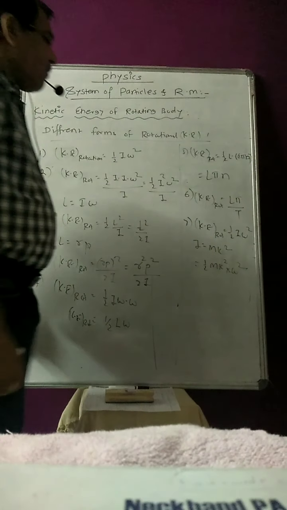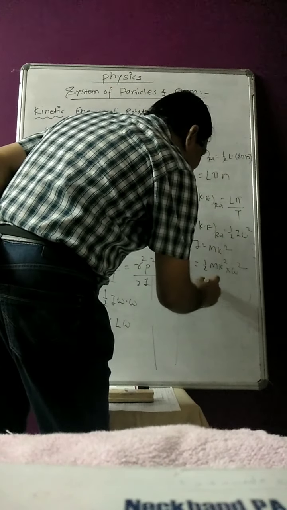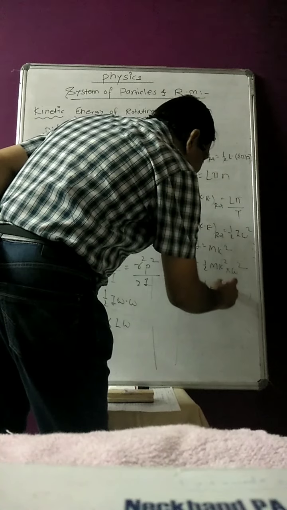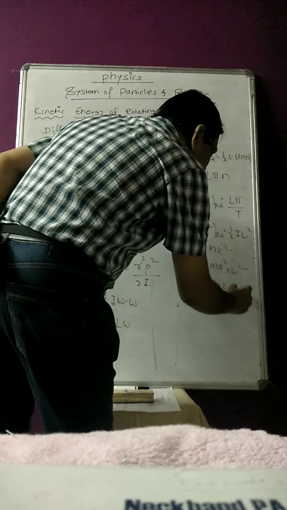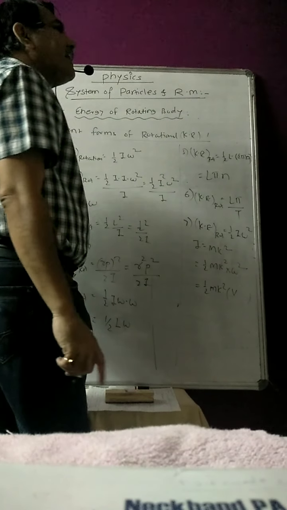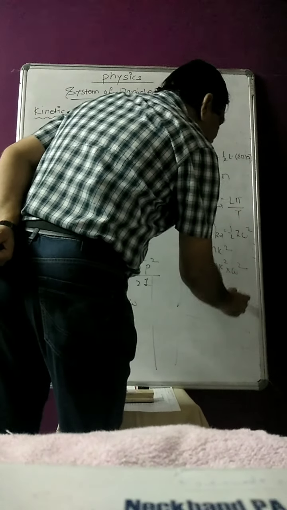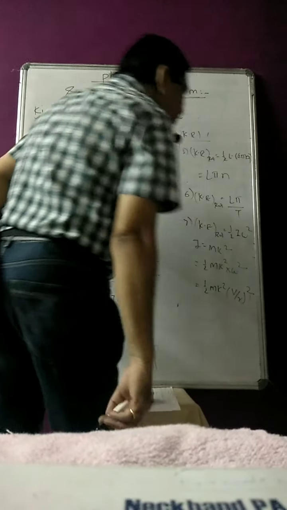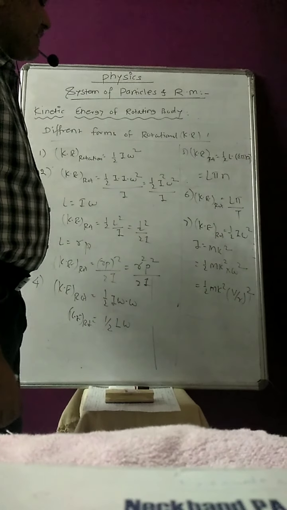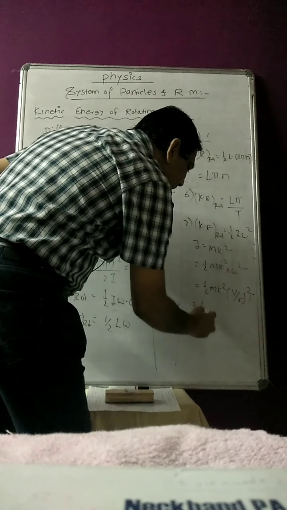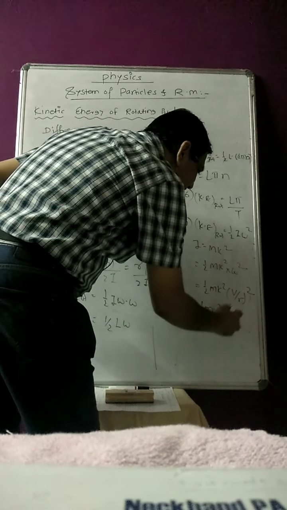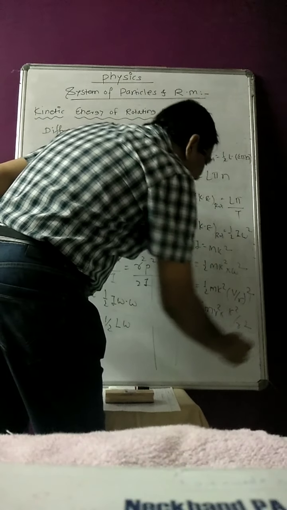Omega is V upon R, because V is equal to R into omega, so omega square is V by R square. So it is 1/2 m into V square k square by R square.